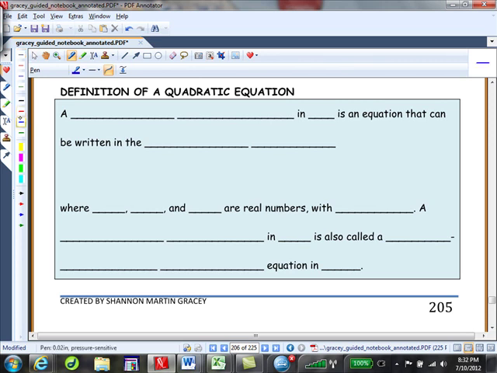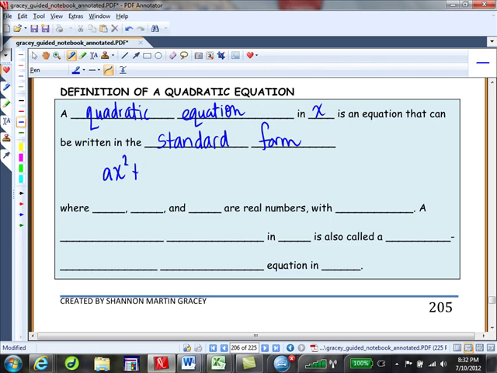Okay, here we go. Definition of a quadratic equation. A quadratic equation in x is an equation that can be written in the standard form ax squared plus bx plus c equals 0.